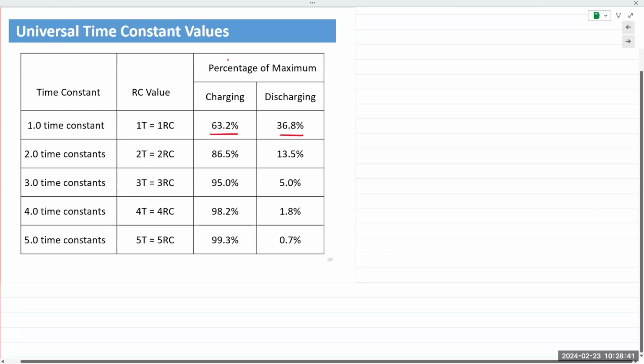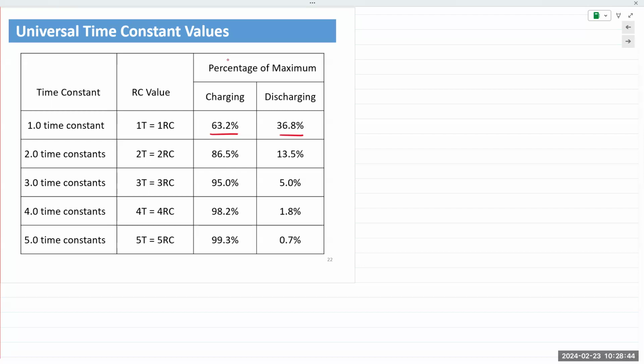So when it's discharging, it loses 63.21% within the first time constant. So more than half is lost within the first time constant. And conversely, when it's charging, it acquires 63.21% of the max value. So more than half is acquired after the first time constant itself. Okay, that's what those values mean. That's the first thing. That makes sense, right?